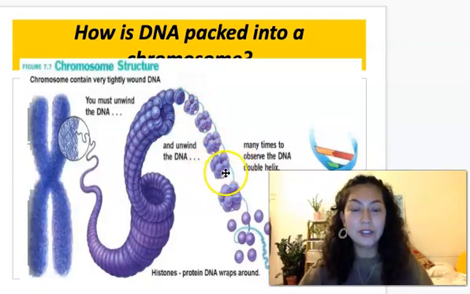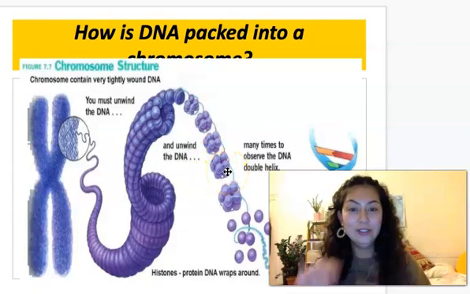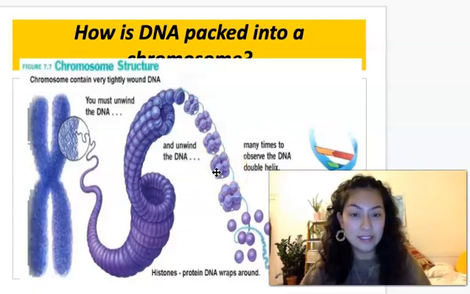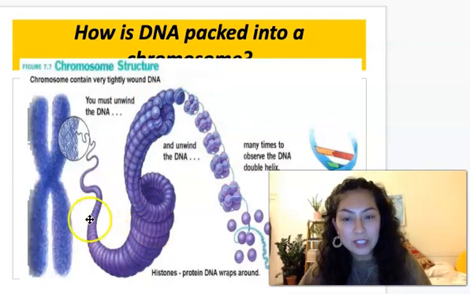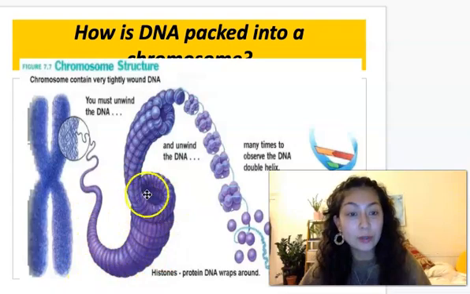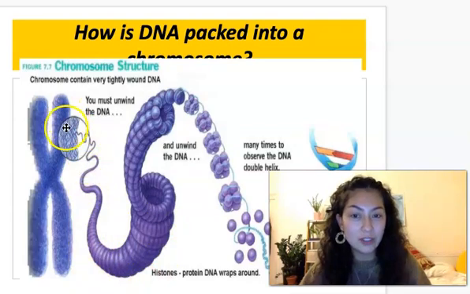A nucleosome has 8 histones with the double-stranded DNA coiled around it. This then coils around and coils around. And this structure here is known as chromatin, so the decondensed version. And then that chromatin packs itself into the shape that we know and recognize as a chromosome.